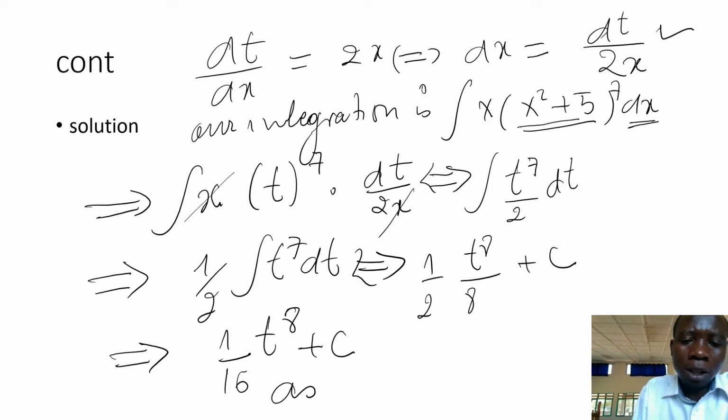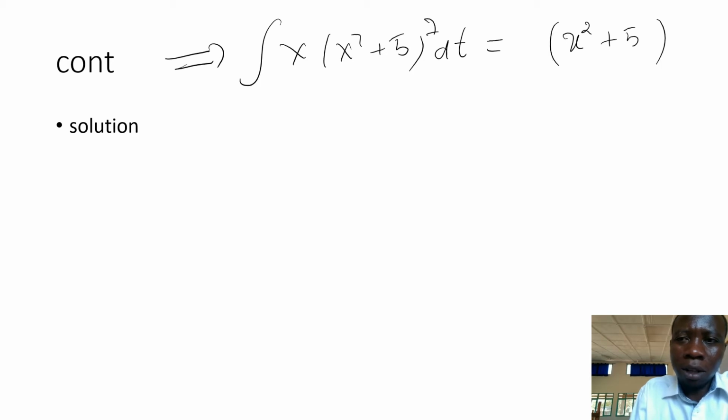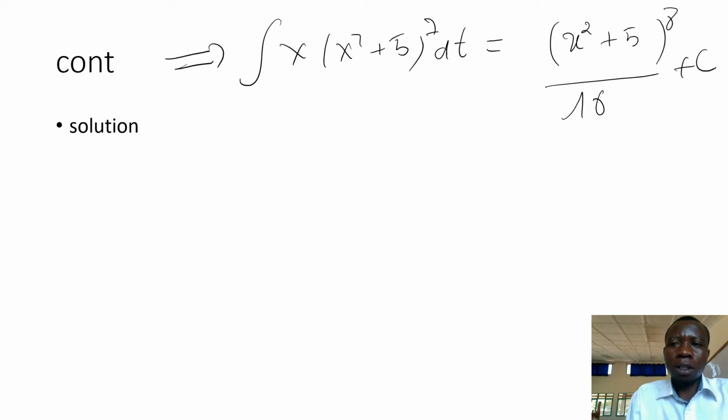Remember that t is equal to x squared plus 5, which means that the integral of x times (x squared plus 5) power 7 dx is equal to (x squared plus 5) power 8 over 16 plus c, which is the constant of integration.